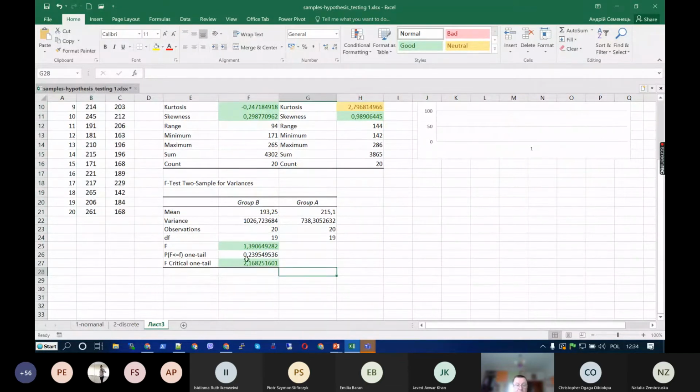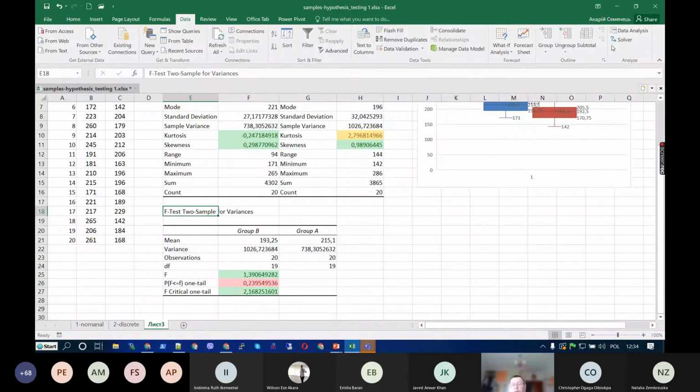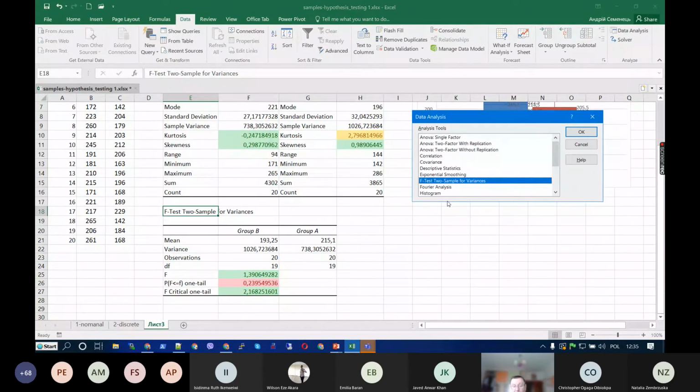We are speaking right now only about variance, but the probability of type 1 error is too large, almost 24%. So we do not have enough evidence to reject the null hypothesis. Okay, we can continue the analysis with the assumption that variances are equal, or we can do it for unequal variance.